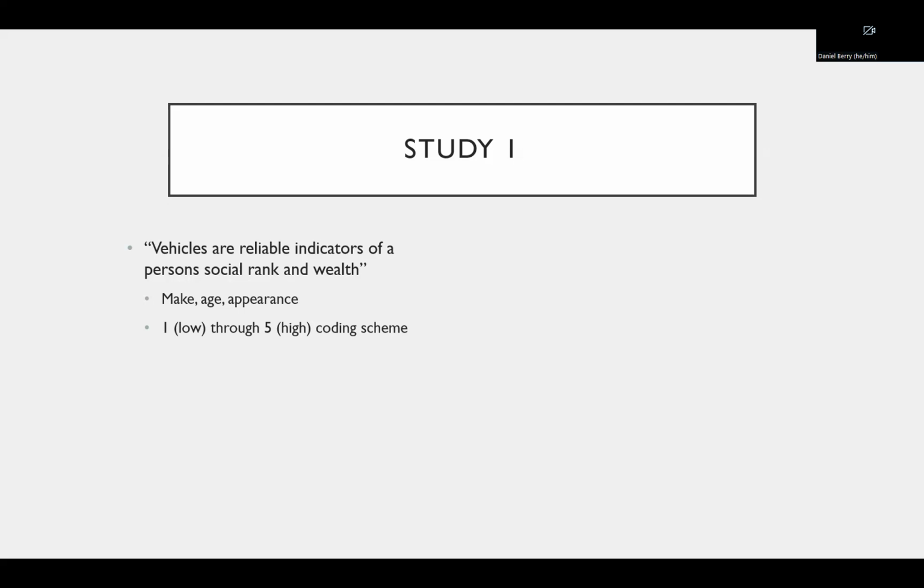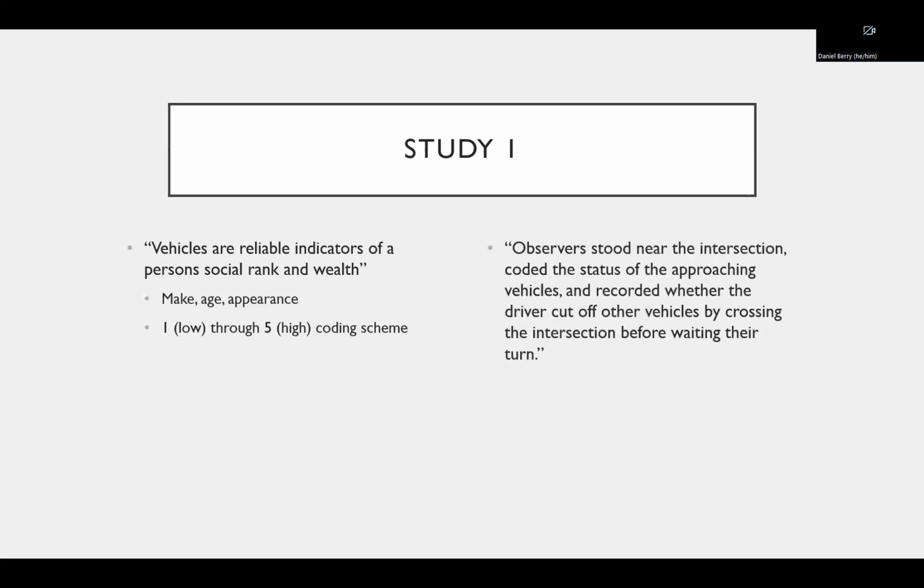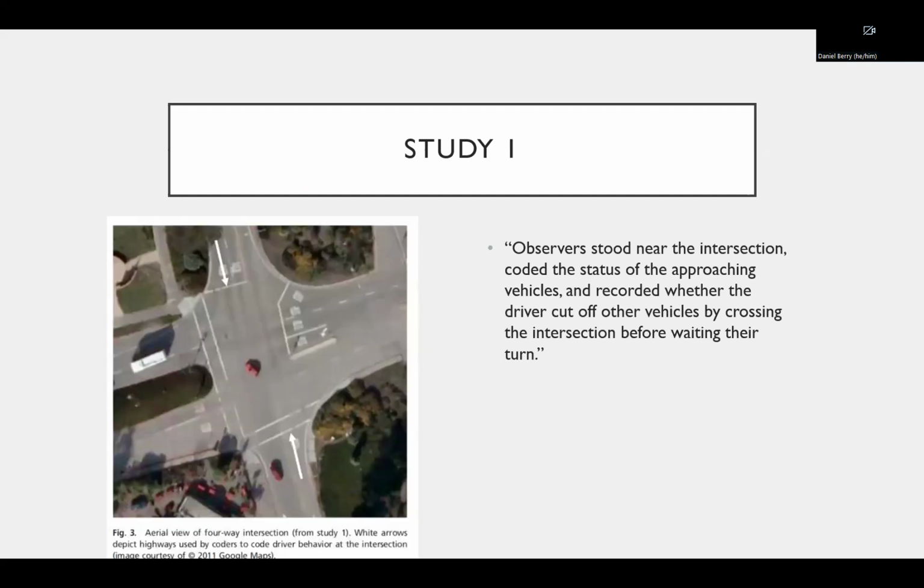So how much wealth did this person have? Observers in this study, these were research assistants, stood near an intersection and coded the status of a vehicle as it approached on this 1 to 5 scale. And then they recorded whether the driver cut off other vehicles. Oh my gosh, look at this intersection.